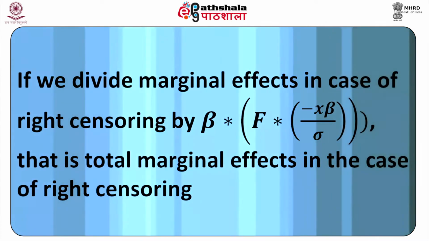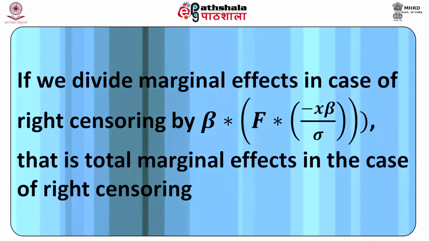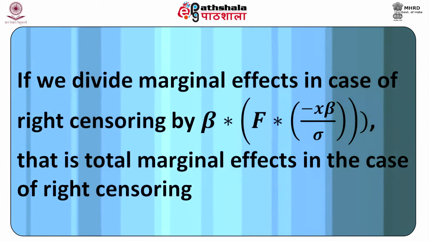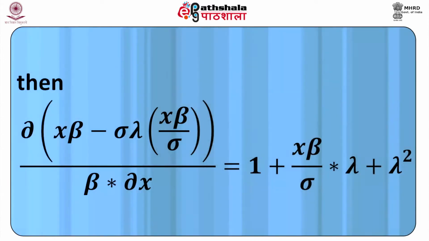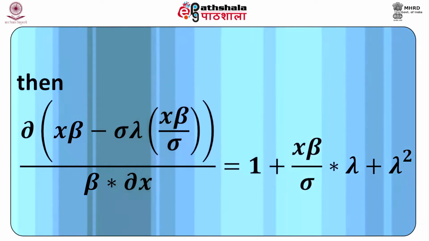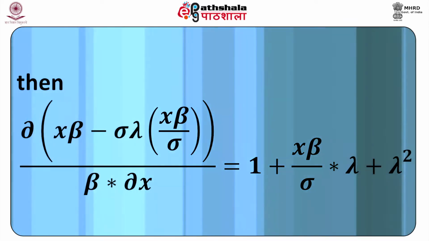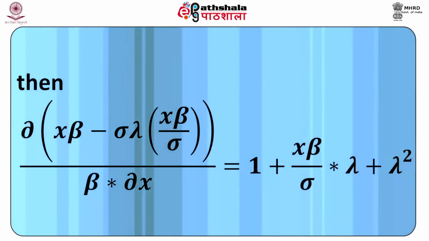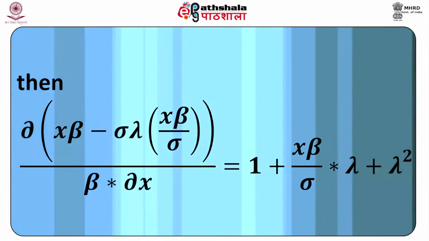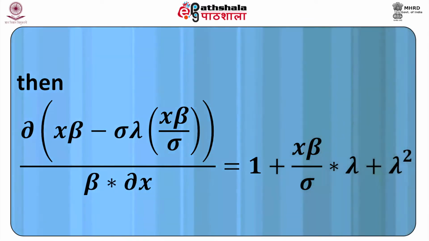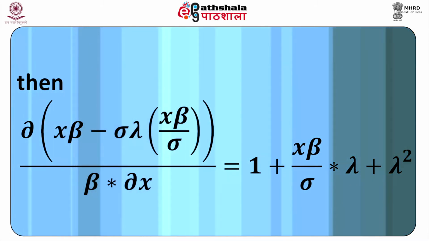If we divide marginal effects in case of right censoring by beta star into f multiplied by minus x beta upon sigma, that is the total marginal effect in case of right censoring, then we can see that partial derivative of x beta minus sigma lambda of x beta divided by sigma, whole divided by beta into partial derivative of x, and again on simplification is equal to 1 plus x beta upon sigma into lambda plus lambda square.